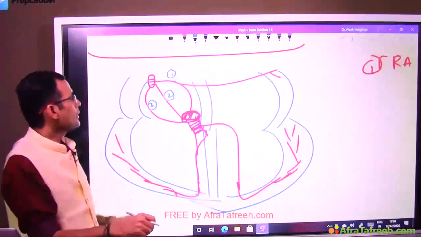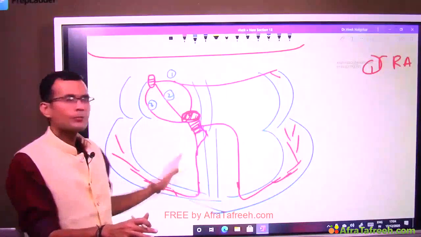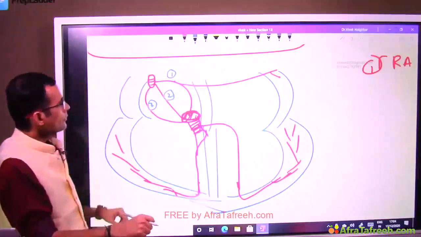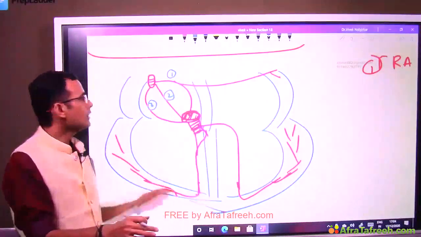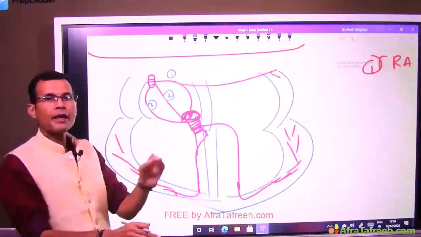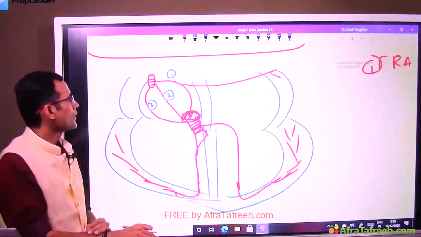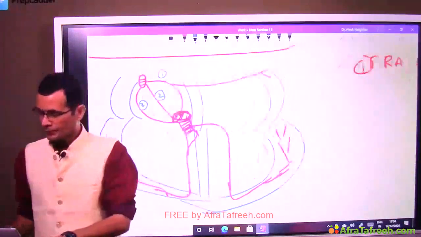So the question is, number 1 shown in the figure is called as what? And the options are Bachmann's bundle, Wenckebach's bundle, Thorel's bundle, or Kent's bundle. What say? Okay, it's the Bachmann's bundle.